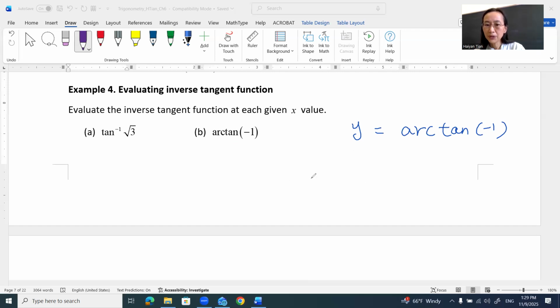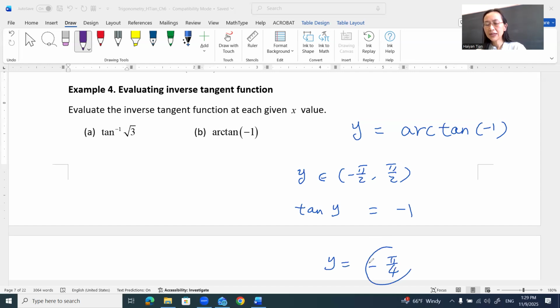We're still looking for a particular y value, which is the inverse function value at -1. And this y has to be in that interval, such that tangent y is -1. So we know this y is negative pi over 4. So that's the answer for the second problem.